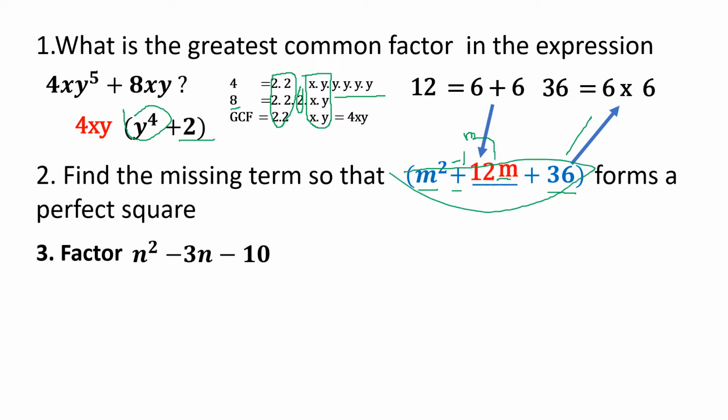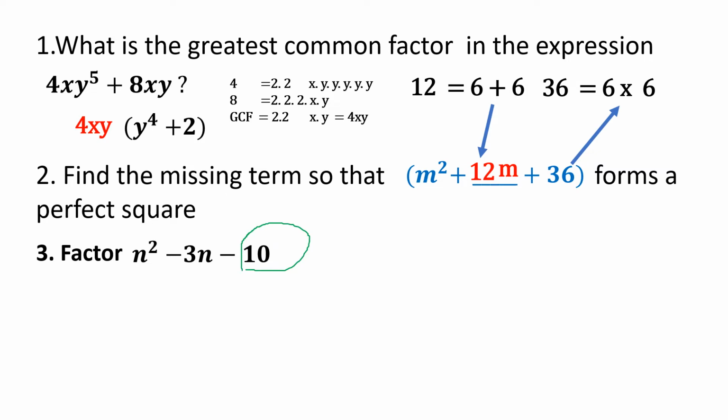Next, for your next problem, we're going to find out the factor of n squared minus 3n minus 10. In this case, titingnan din po natin yung possible factor ng 10. So, ito po yun. Ang factor ng 10 is equals to 2 times negative 5. Remember that when we multiply 2 times negative 5, ang kanyang sagot is negative 10.